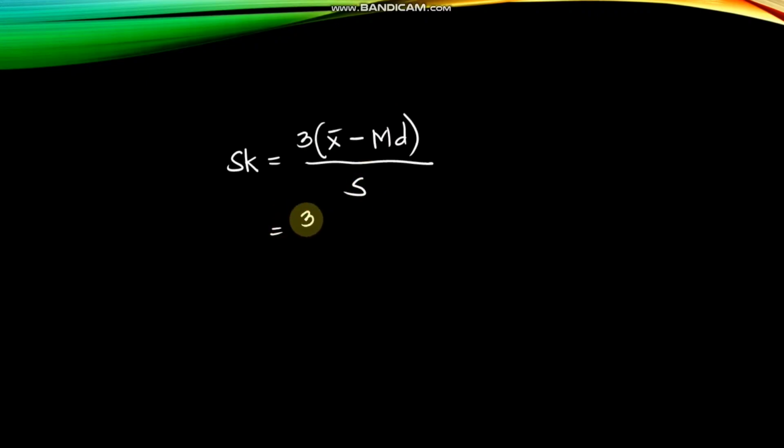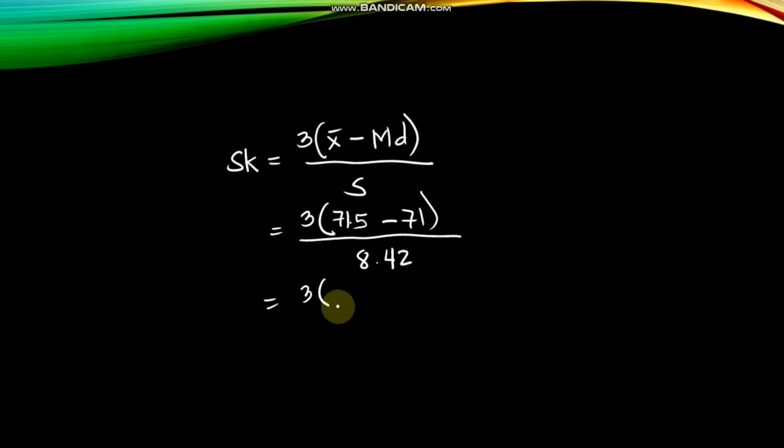So that is 3 times, what is the value of the mean? The value of the mean is 71.5. Okay, very good. 71.5 subtract the value of the median, which is 71, over the standard deviation, which is 8.42. So 3 times this one, 0.5.